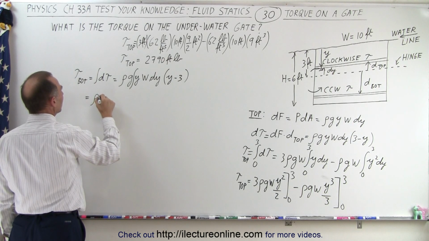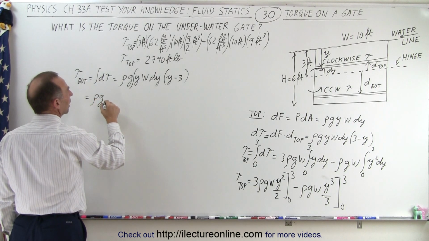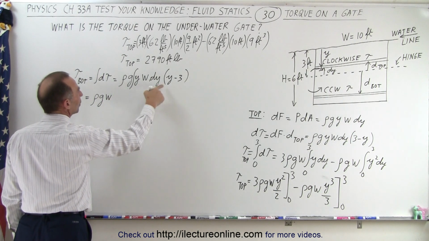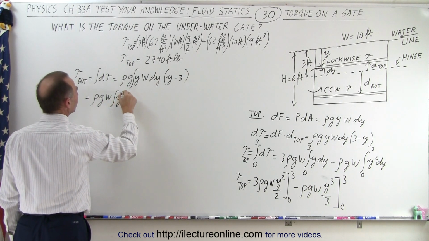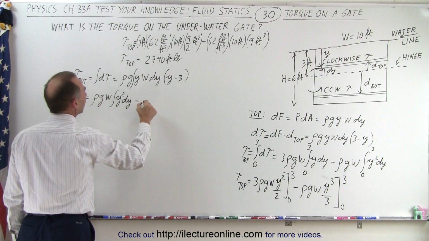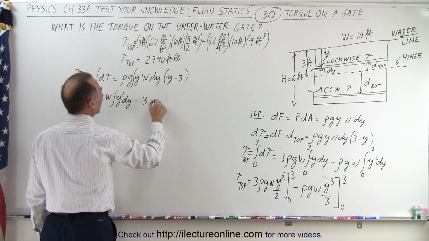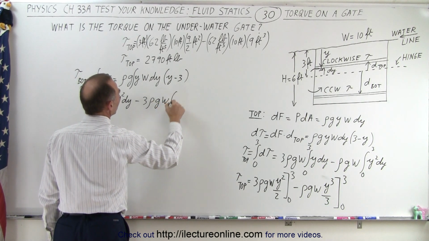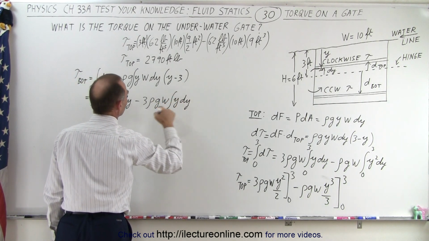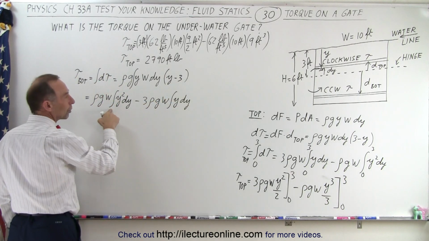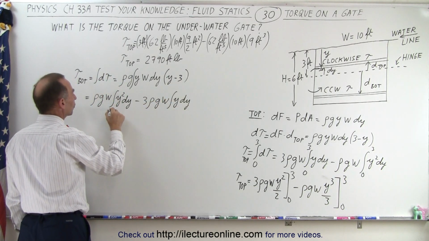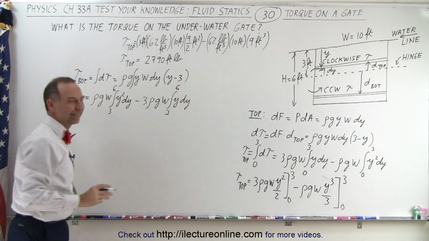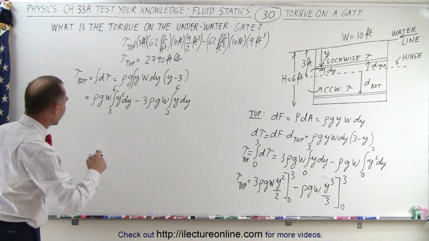We have density times g times w, and then we have times the integral of y squared dy minus 3 times the density times g times w times the integral of y dy. The negative is taken care of, and so we're going to integrate from y equals 3 to y equals 6, from 3 to 6. It's a little bit more messy than I was hoping for, but let's go ahead and move ahead.